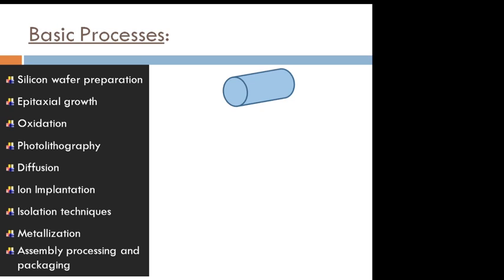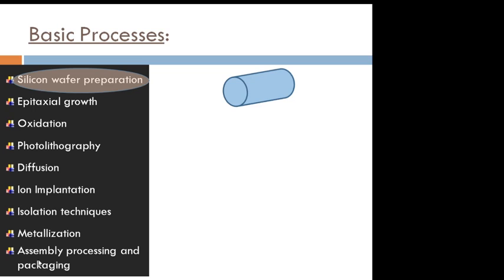Once these two processes are finished, the IC is ready to sell in the market. So this is the hierarchy of the processes, from wafer preparation to assembly processing and packaging, for monolithic IC fabrication.